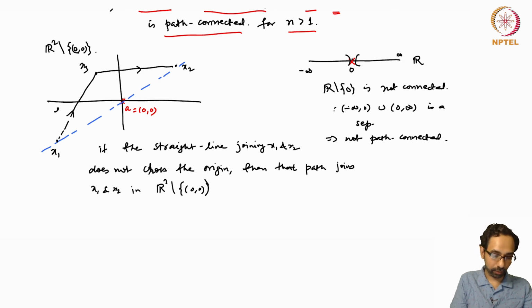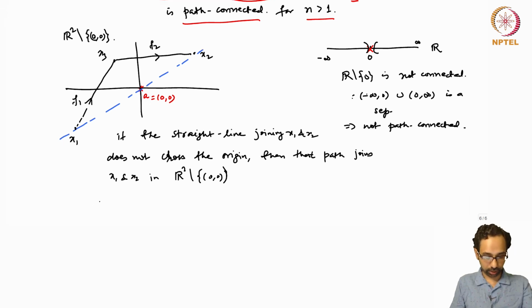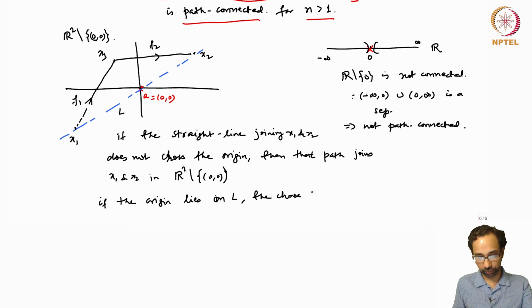So here, if f1 is a path from x1 to x3 and f2 is a path from x3 to x2, we have seen that if the origin lies on this line, say L, then choose x3 not lying in L and join x1 and x3, and x3 and x2.